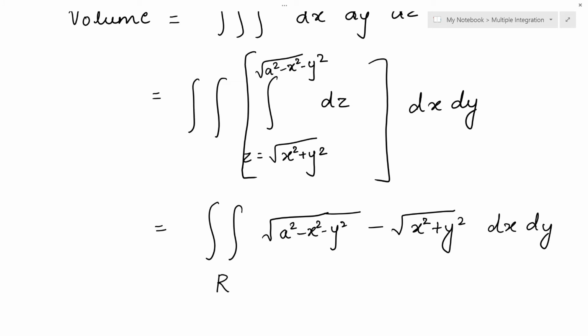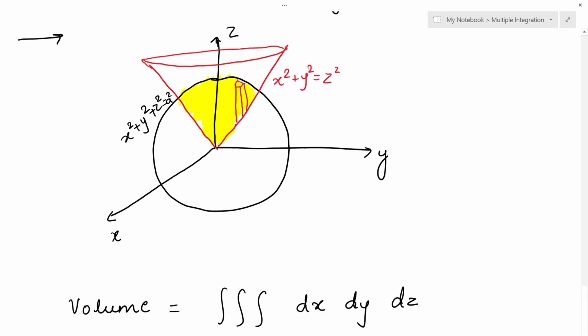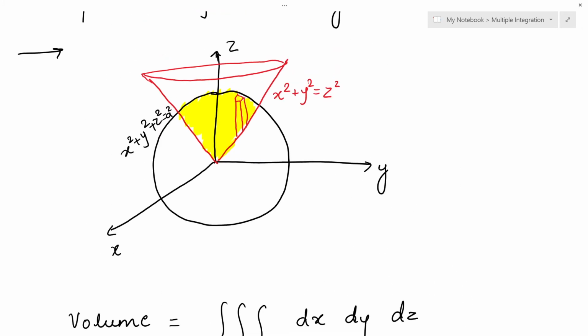So if you look at it properly, that will be a circle.